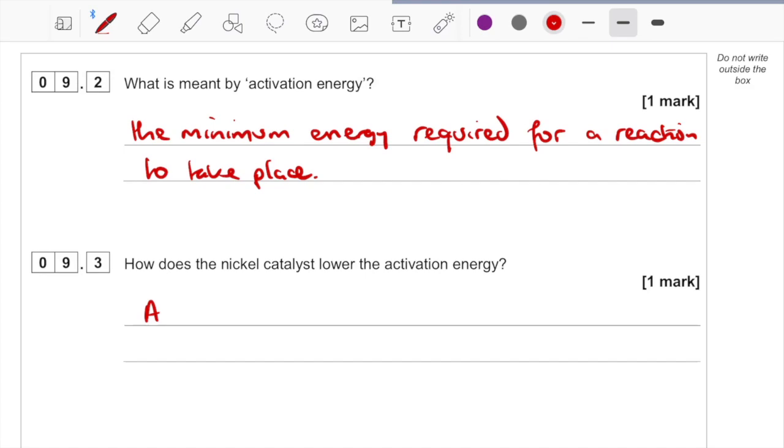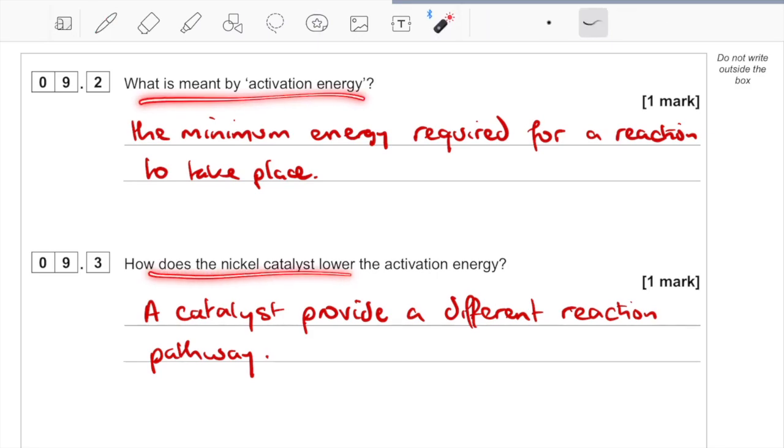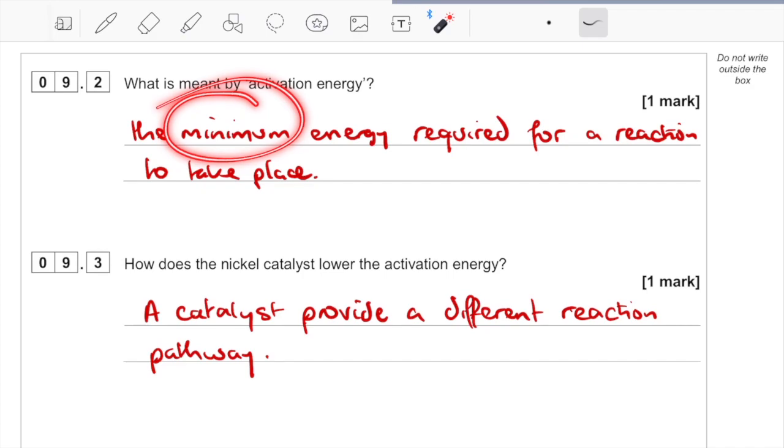So a catalyst provides a different reaction pathway. Okay. So, in a sense, both of these questions were definitions. But the key thing, a lot of you basically understood 9.2, but you didn't get the mark because that minimum is very important.